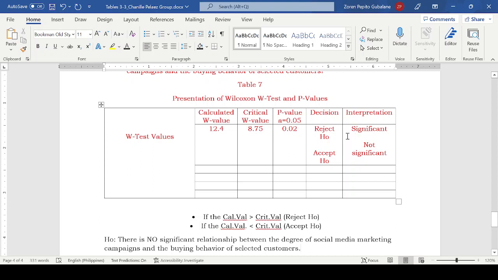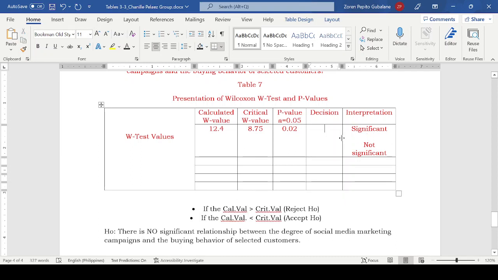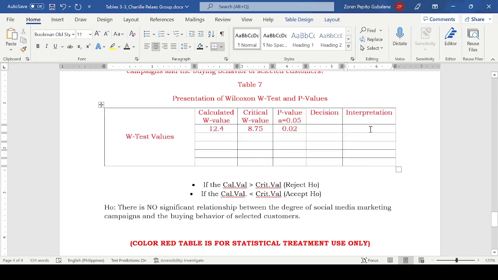I mean, the relationship is significant or not significant. Okay po. So, tingnan natin dito. So, let us first erase this. Later on, we're going to indicate the appropriate word for that.